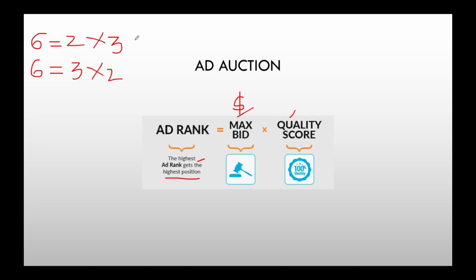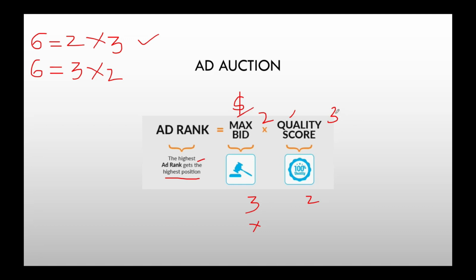Definitely the case where the quality score is 3, as then your bid value is 2, which is lower. But if the quality score drops to 2, then the bid has to be 3, which is higher. So as a business, I would want better results at a lower cost, lower bid.